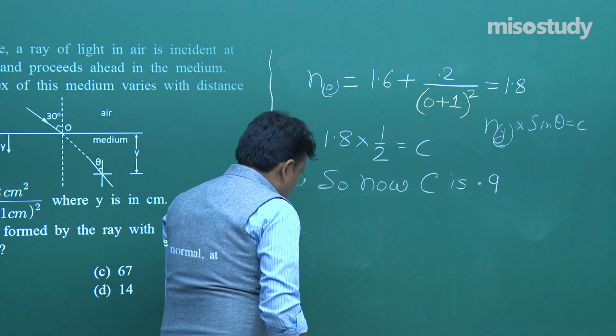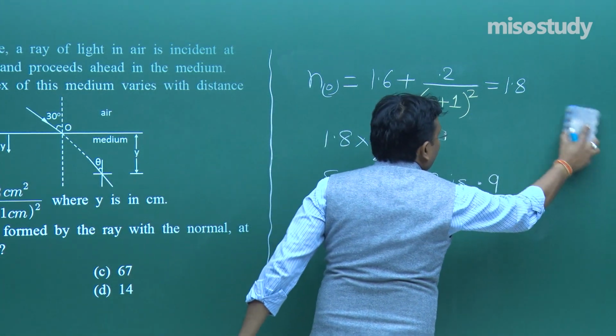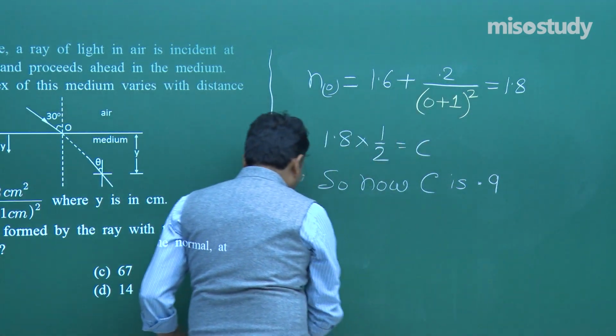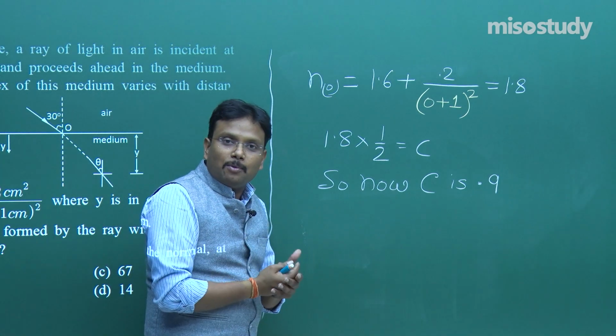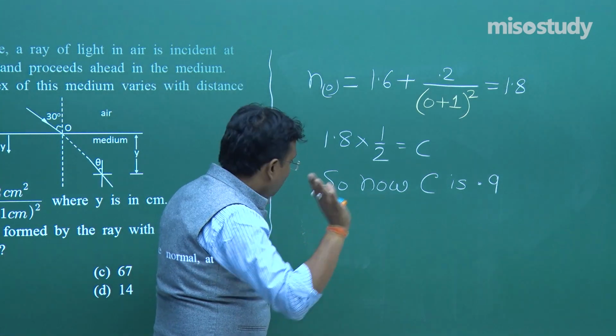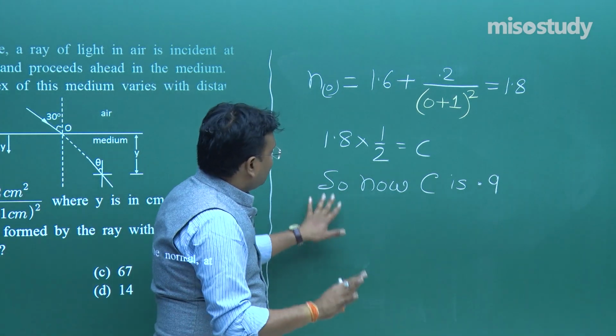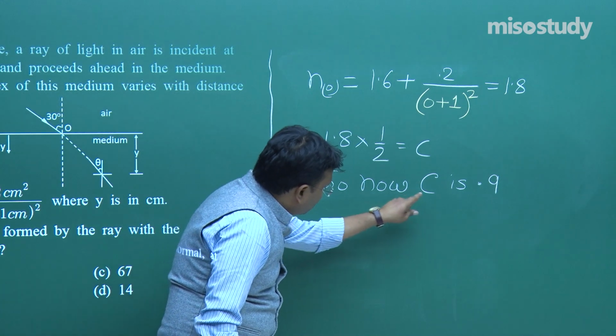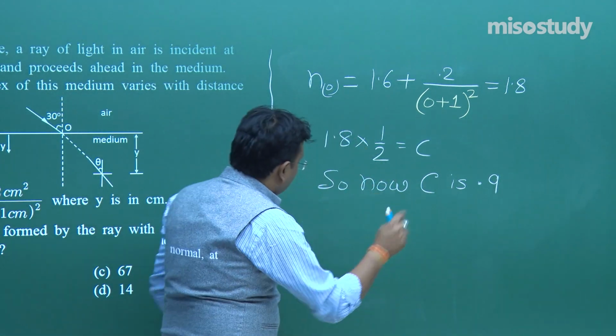Fine. And you people are preparing for JEE Advanced exams, so I hope you are very much comfortable with mathematics, and more than that, comfortable in physics and so on. Fine. So step by step I am solving just for your understanding. So now c is equal to 0.9.